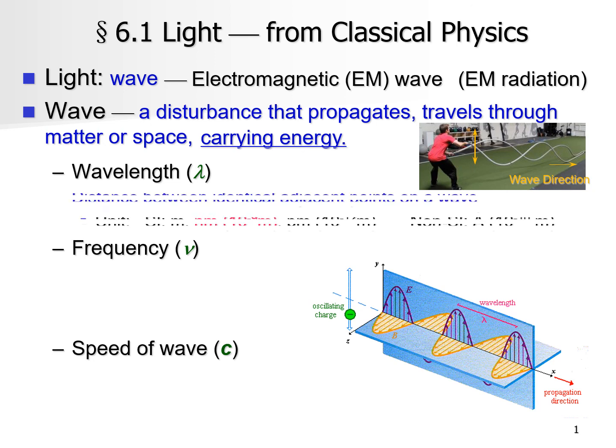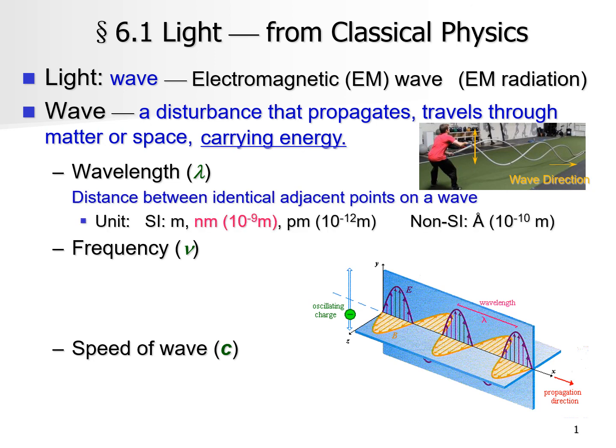The wavelength, according to this definition here, is the distance between identical adjacent points on a wave. As you can see in this diagram, if we have the peak of this adjacent electric field, the distance between these two will be the wavelength of this electromagnetic radiation.